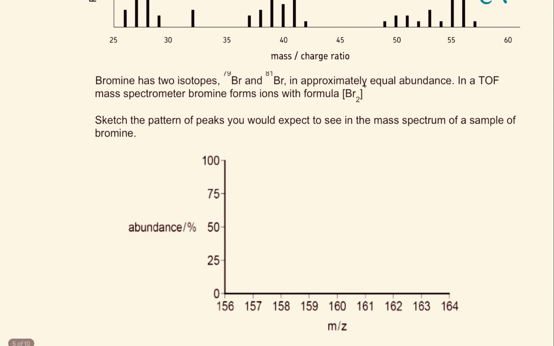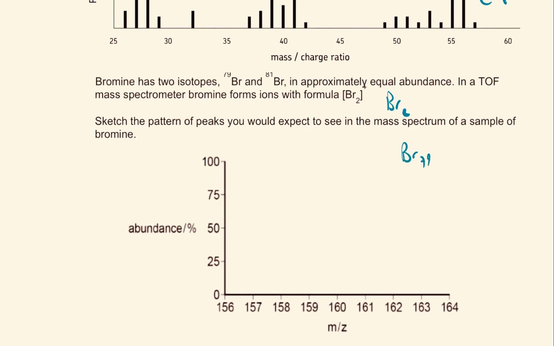Last one, probably the most difficult. So bromine is Br2, as it says here. And we've got equal opportunity for it to be bromine 79 or bromine 81. Okay, so we can almost do a little probability chart. So we've got Br 79, Br 81, Br 79, Br 81.